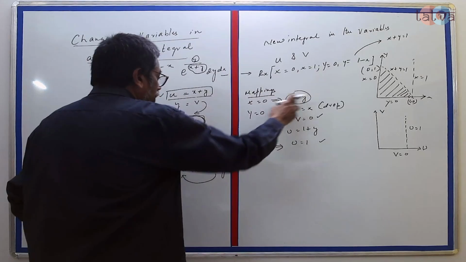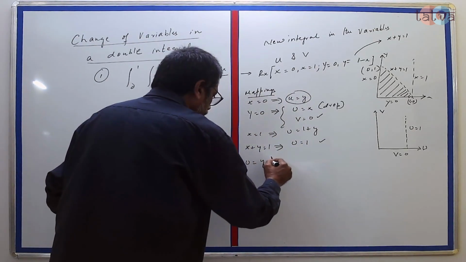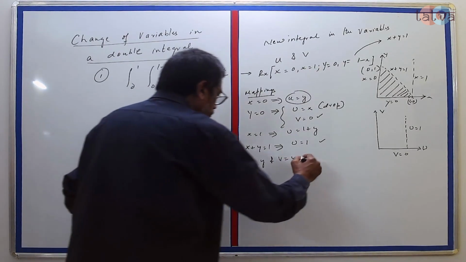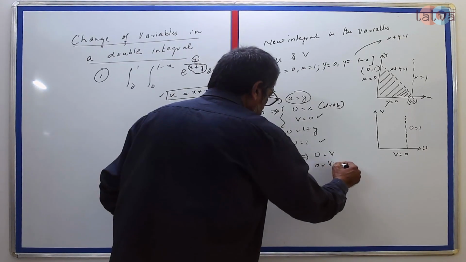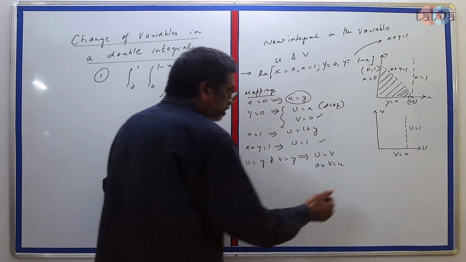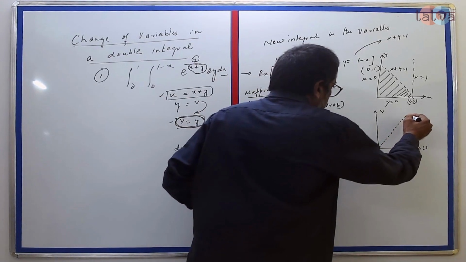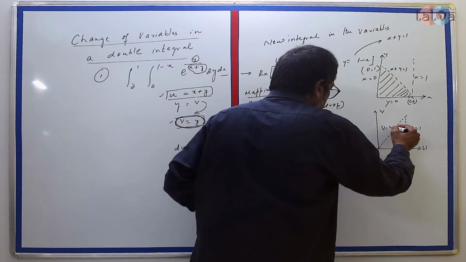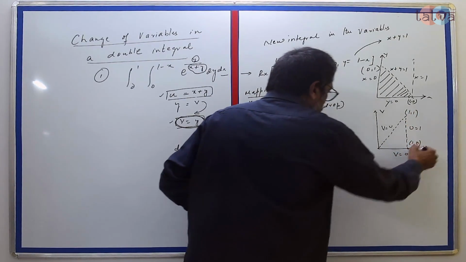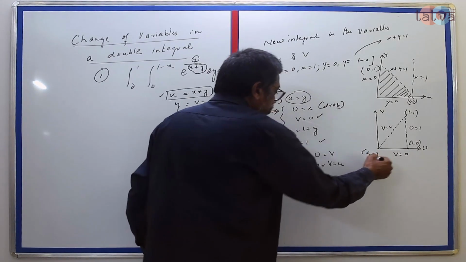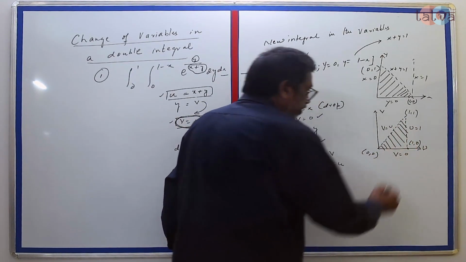So when u is equal to y and v is equal to y together, they produce u is equal to v, or v is equal to u. So v is equal to u is a straight line through the origin. This is your v is equal to u. This is 1, 1. This is 1, 0. This is 0, 0. And then this is the region of integration in the new domain.